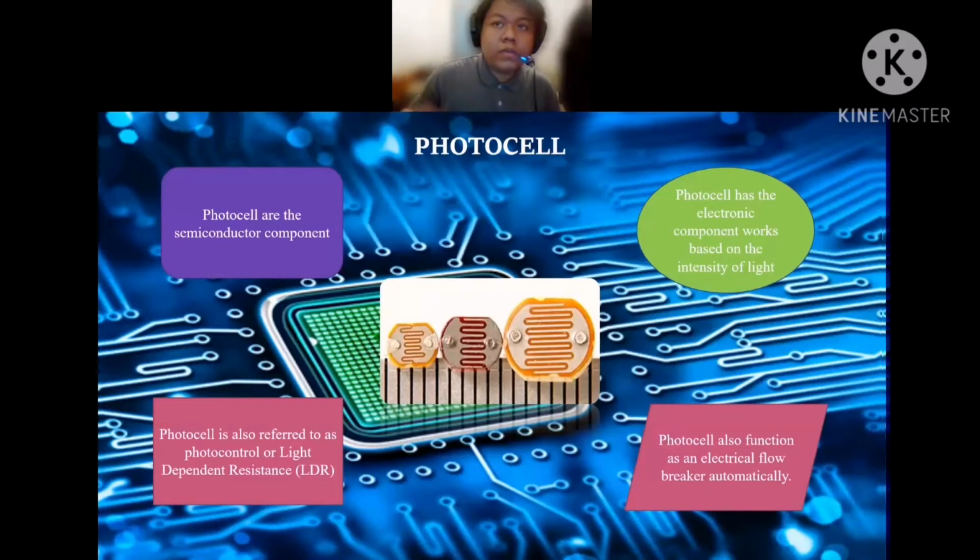Okay, this photocell is a very light-sensitive component, and it is commonly used on street lamps, gardens, and others. This component is used because it can block the electric current when hit by bright light intensity, while the electric current will flow when the intensity of light decreases or it is dark.